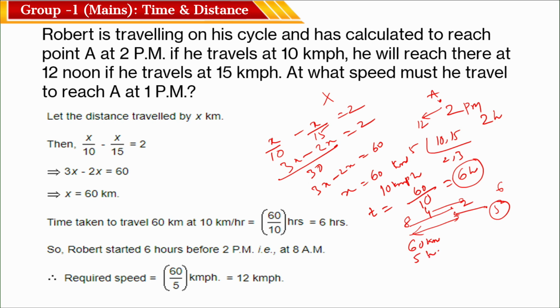So, the speed is distance by time, that is 60 by 5, which is 12 kilometers per hour. Is it clear? In this manner you can find the speed to reach the point A at 1 p.m. is 12 kilometers per hour.